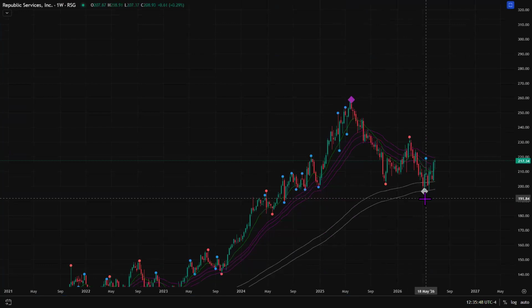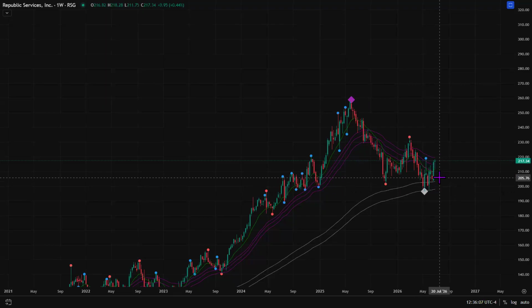Right here, when we got the noble semaphore, we did have an engulfing pattern, which is a reversal pattern, which is good. And then price went above the filter. It didn't close above the filter. It came back down, and then it finally closed above the filter, but traded sideways until now we're edging up.